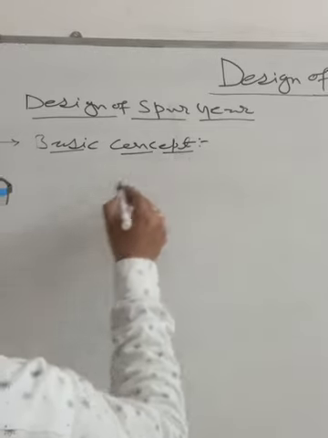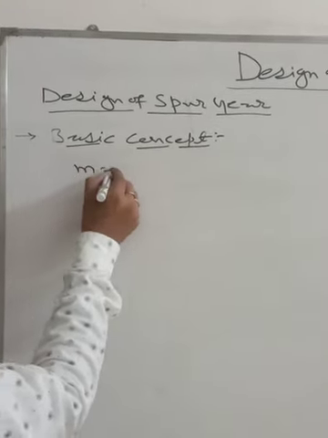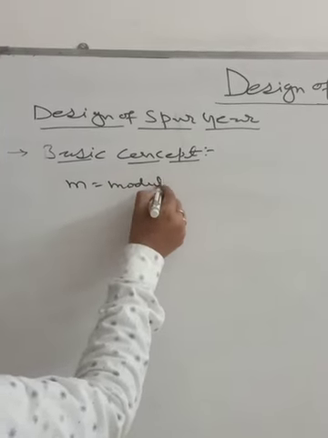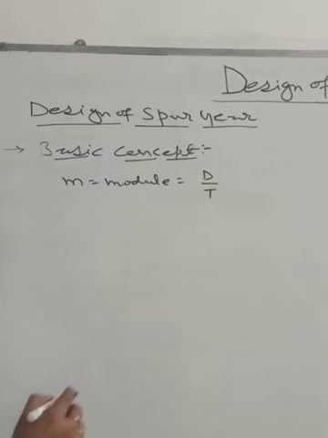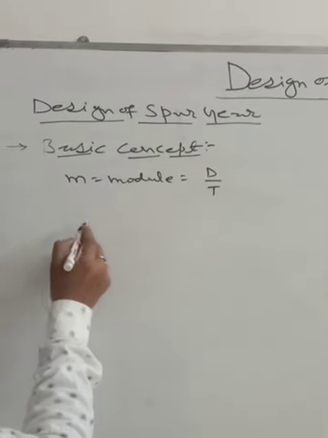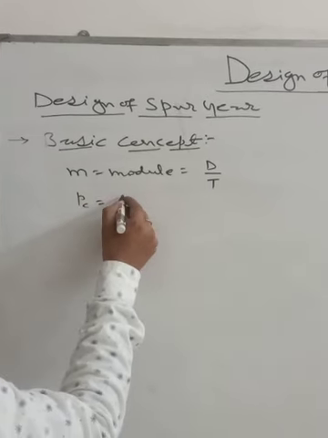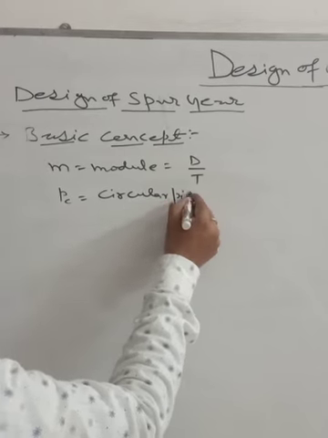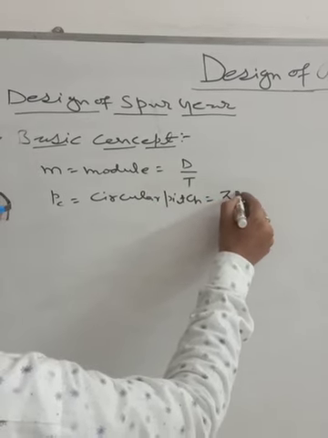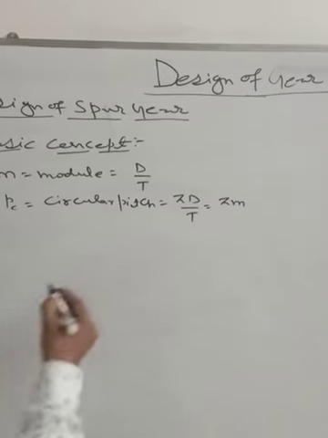You all are aware of these concepts, in which the first is the module, and the module is defined as the ratio of pitch circle diameter to the number of teeth. Then circular pitch, which is equal to pi d by t, and d by t is equal to m, that's why pi m.